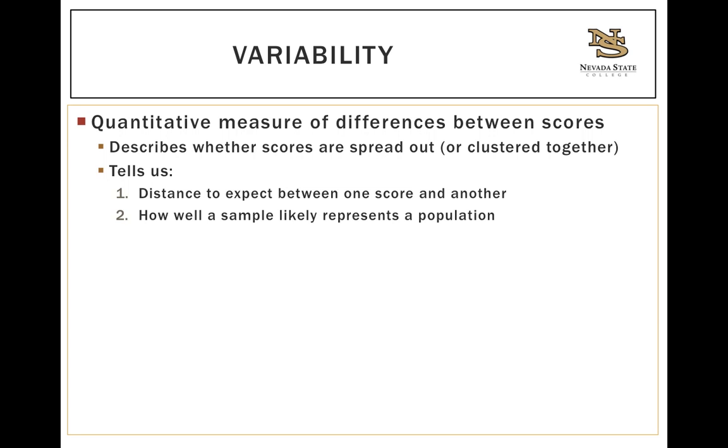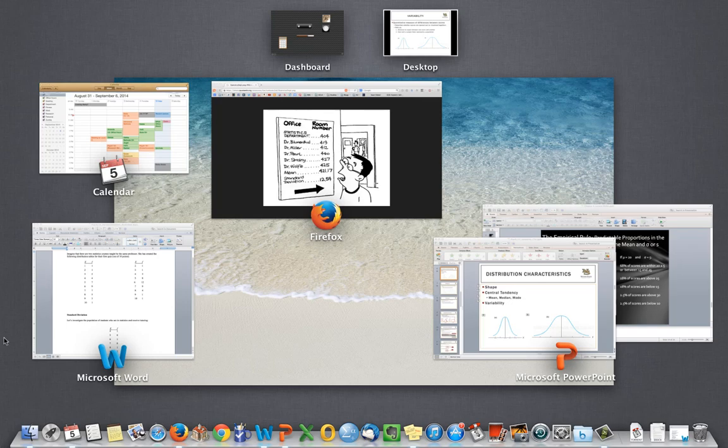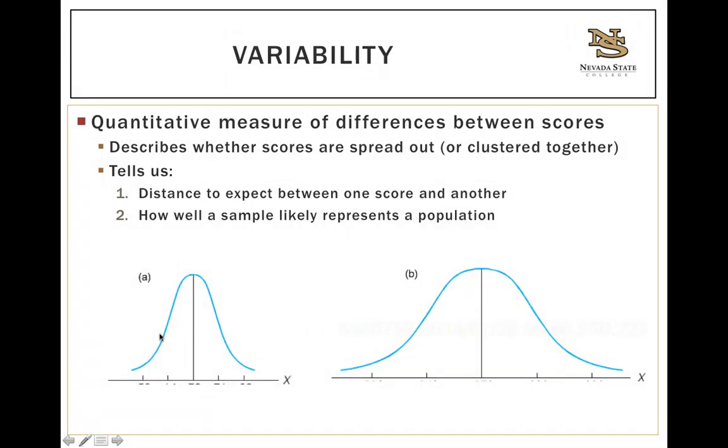And so now that we can quantify the variability, we can actually see if it comes close to what our true population is. So again, it's going to tell us, are the scores clustered together or are they more spread out?